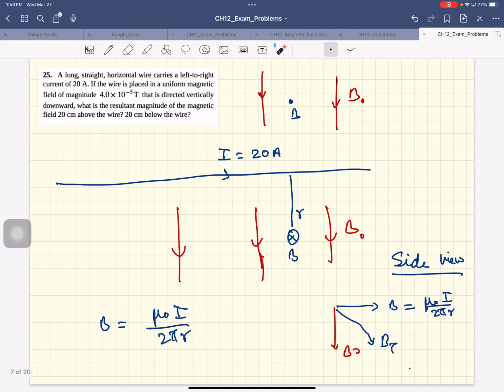Again, in this problem, the wire is producing a field, and here is the external Earth's magnetic field. What this is showing you is, if you use a compass near a current-carrying conductor, it won't point along the Earth's magnetic field; it'll point along the net field. Instead of the compass pointing like this, it's pointing like that.